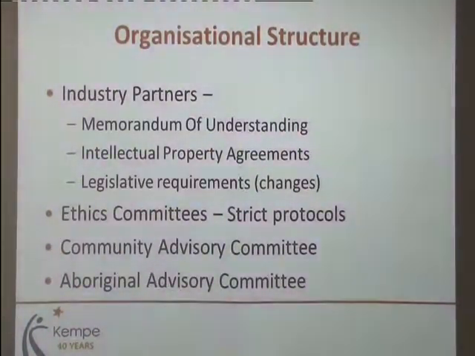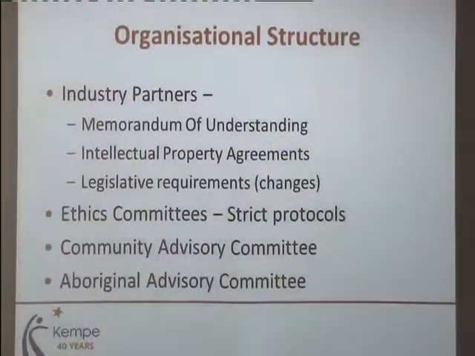So this is just a sense of their organizational structure for setting this up. They have a variety of memorandums of understanding, intellectual property agreements, legislative requirements. So they've got all that organized in one place.